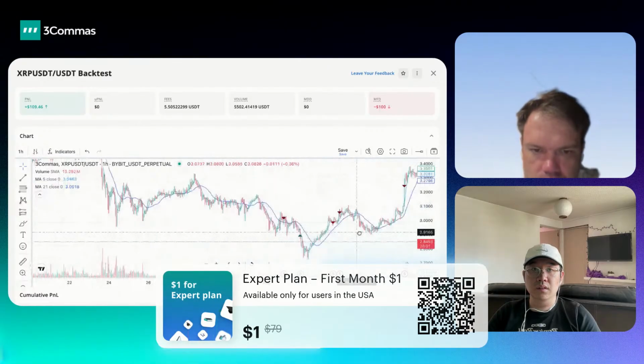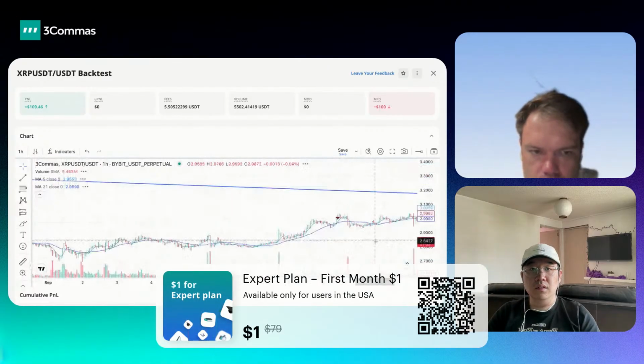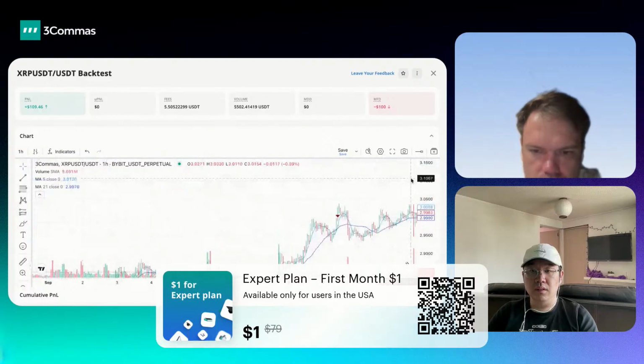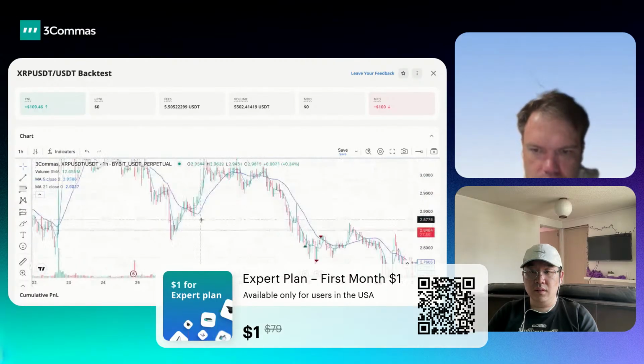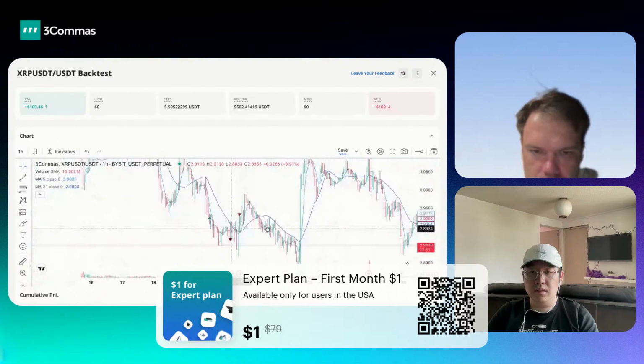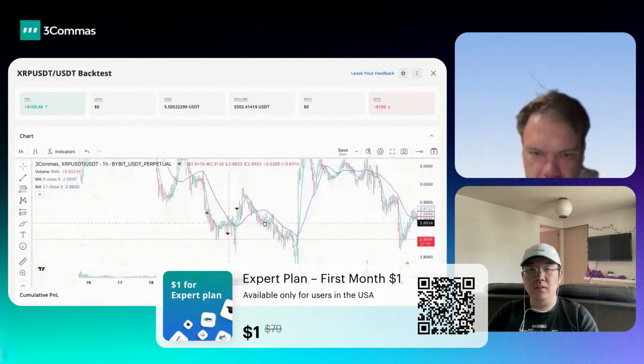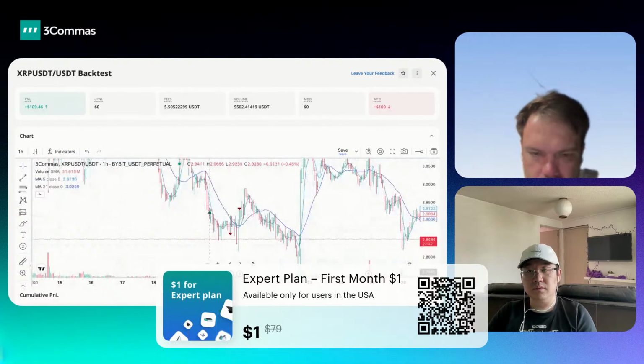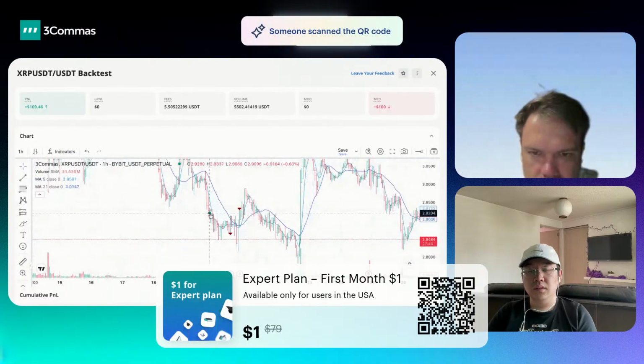So this is the situation, right? So you could try to move your take profit, but you need to think why you would do it. And in this situation, we entered the market right here, and then just ran out.